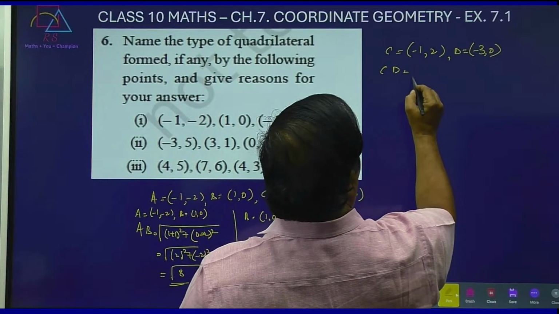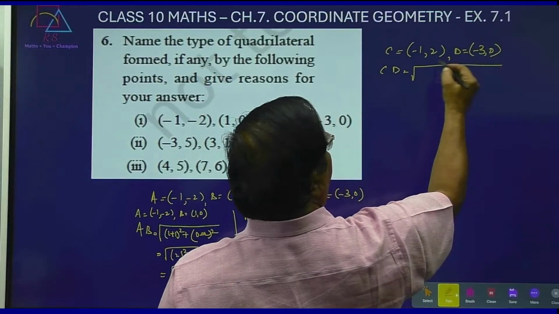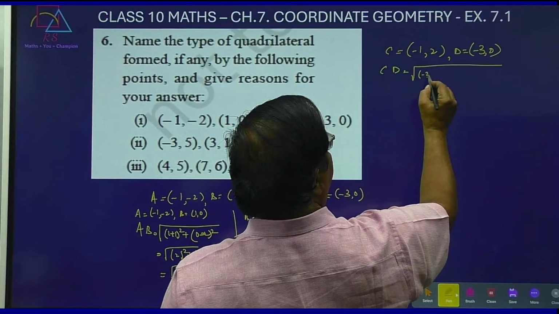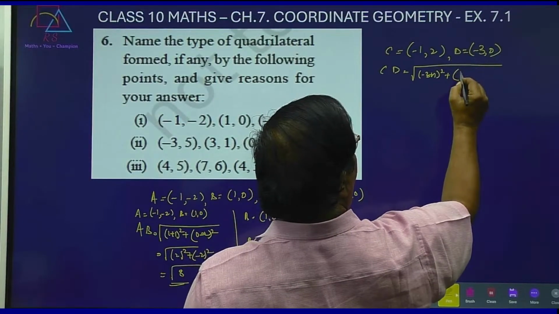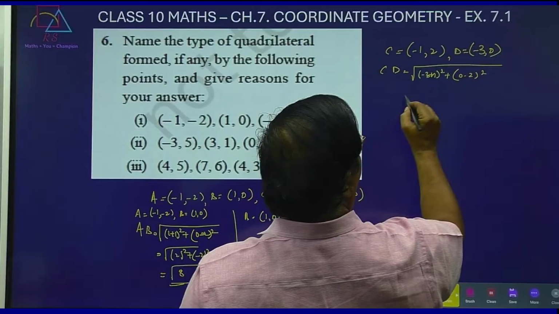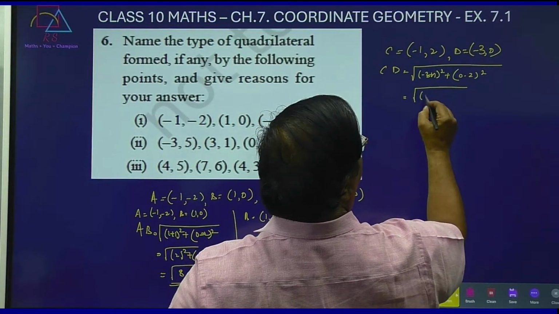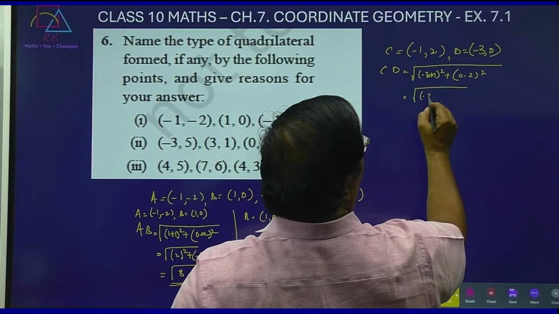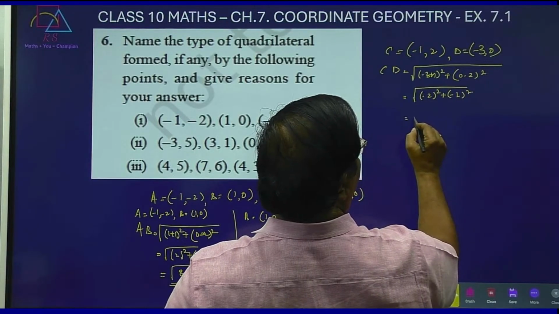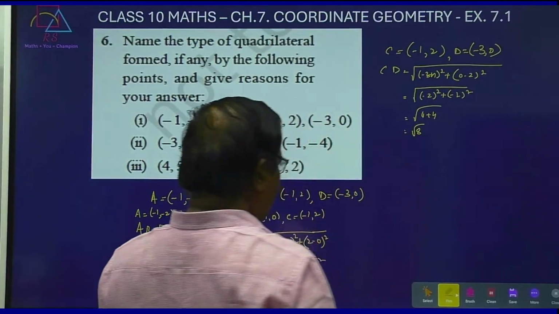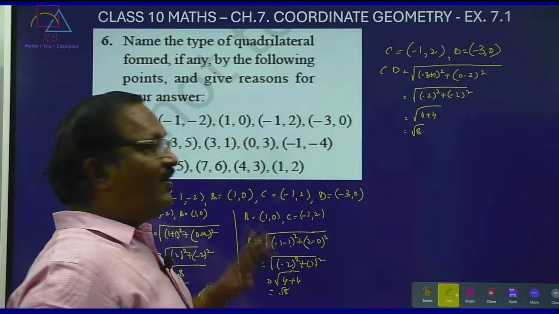So CD, x2 minus x1, minus 3 minus minus 1, minus 3 plus 1 whole square, 0 minus 2 whole square. So it is equal to minus 2 whole square and minus 2 whole square, which is equal to 4 plus 4 and 8. CD is also equal to 8. All the three sides are equal.